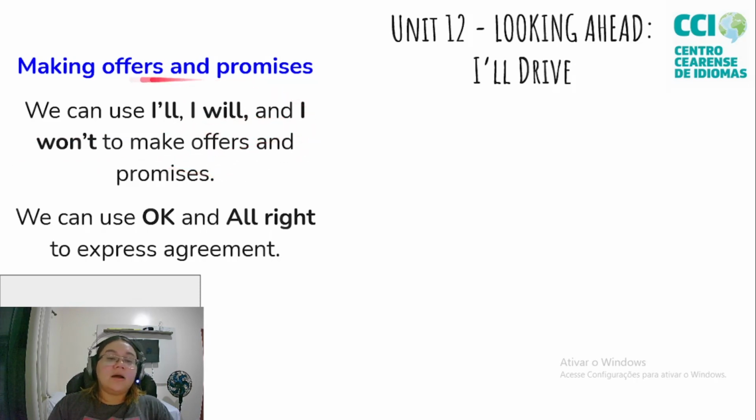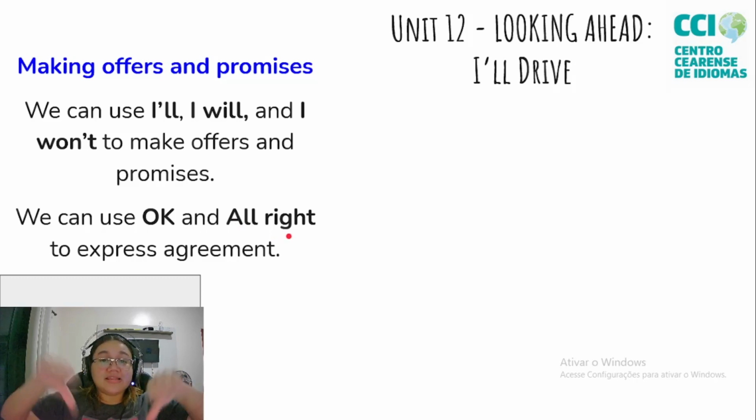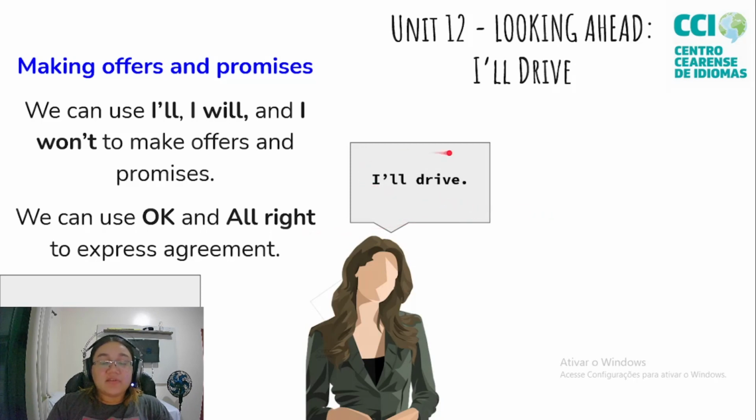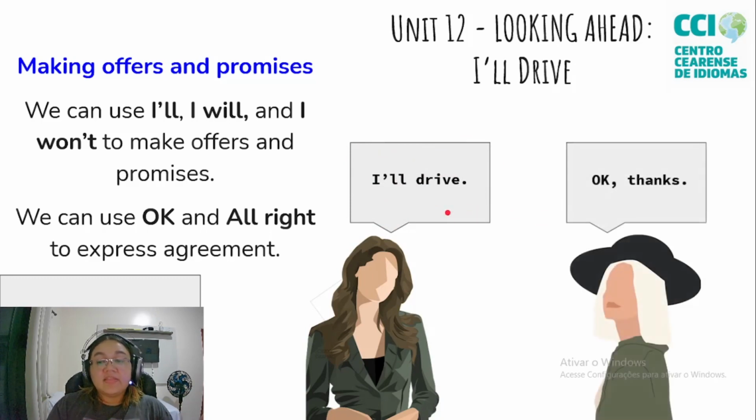And if somebody offers something to you or makes a promise, you just answer with okay or alright if you agree with it. If you disagree, you don't say okay or alright, okay? But here, let's see the example. I will drive, I'll drive. This is not a promise. This is an offer. She is offering to drive. And the other person says, okay, thanks. She agrees with that. It's okay for her.